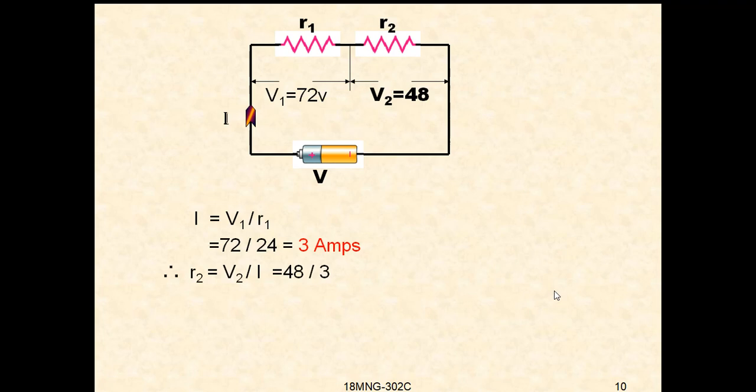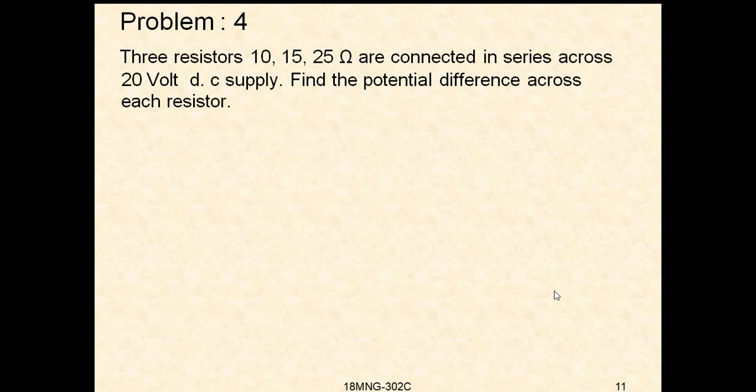If we substitute the values, we get 48 by 3, which is equal to 16 ohms. So the unknown resistor R2 is 16 ohms.